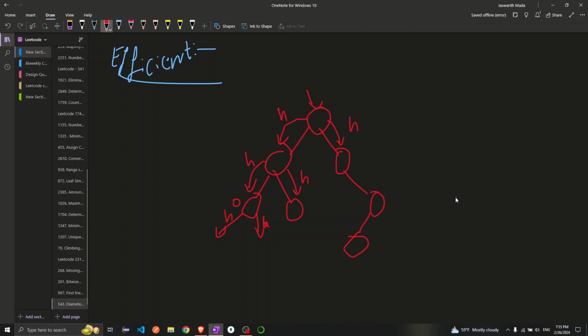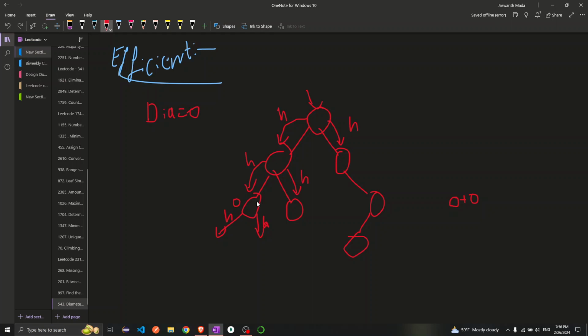The diameter is nothing but left height plus right height. So this node is generating the diameter as 0. So I'll keep a normal variable dia as 0.